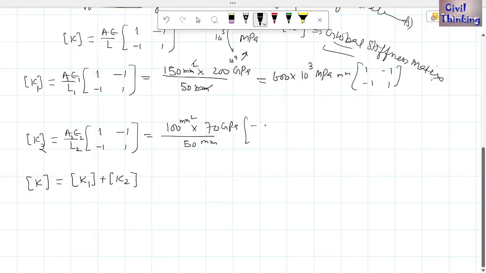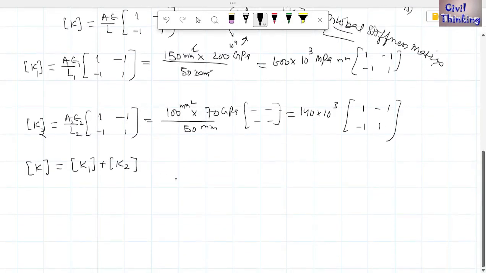Okay, then we have this matrix. It is going to be, let me use the calculator, 100 times 70 divided by 50. Okay, so it is 140 10 to power 3. Okay, then we have this, right?